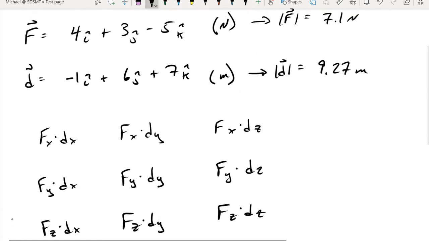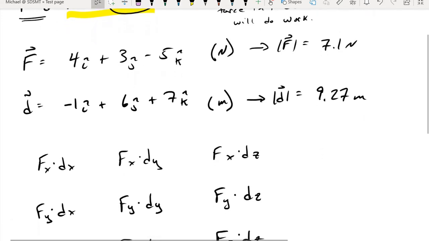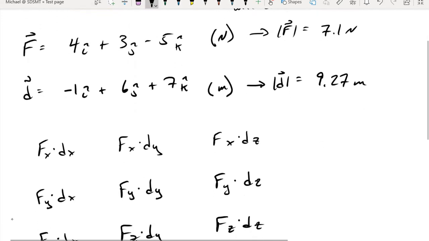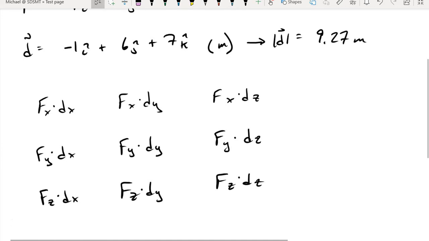And every one of these dot products is going to contain a cosine relationship between the angles of each of these components. And this is what's going to save us, because for every one of these components, we either have x, y, or z directions.